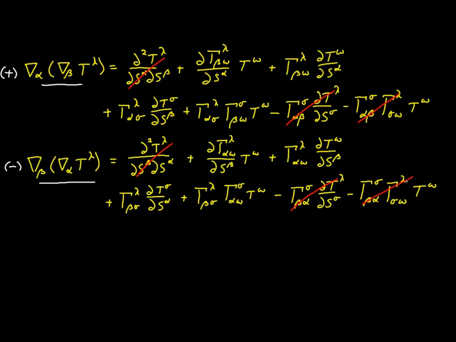Okay, there's one other case. Take a look at this expression right here and this term right there. Now, they don't look identical, but they really are. The free indexes are in the same place. We have lambda, beta, and alpha in the same place. The only difference is the dummy index. So if we renamed omega to sigma here, it's the same as this.